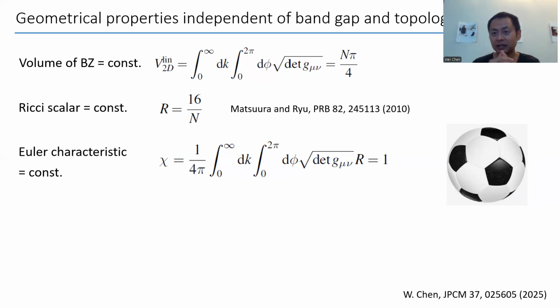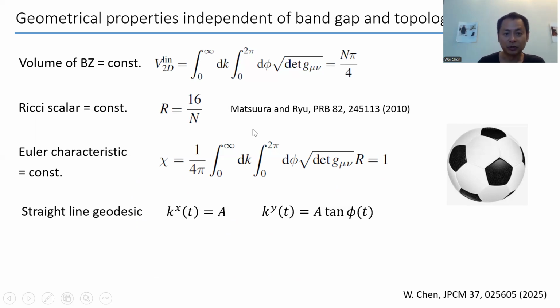So this means that the two-dimensional Brillouin zone of the topological materials does not have a hole. So it is somewhat analogous to a simple soccer ball, for instance. Moreover, it has a constant Ricci scalar, so it is really more like a perfect sphere that has a constant curvature everywhere, and it does not contain any hole.